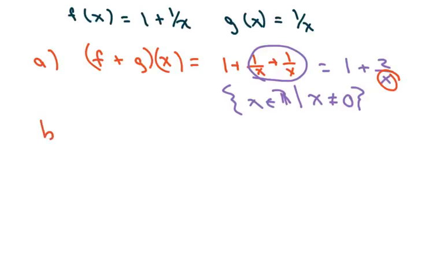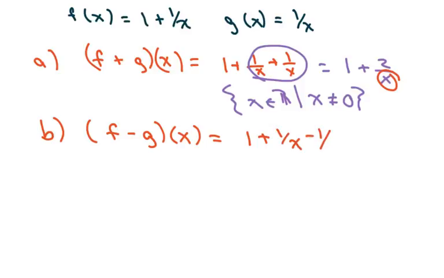So for b, we have f minus g of x. That's going to equal 1 plus 1 over x minus 1 over x, which is equal to 1.